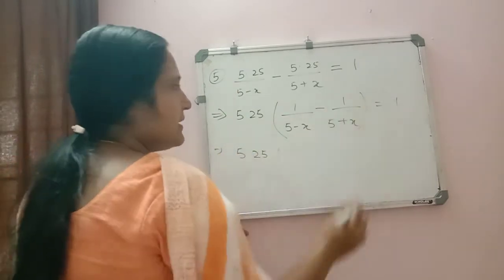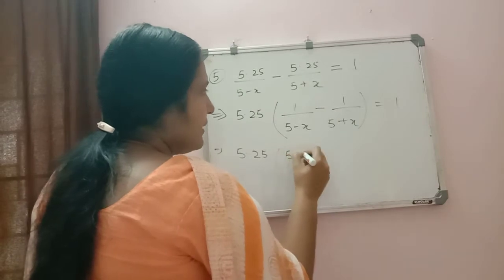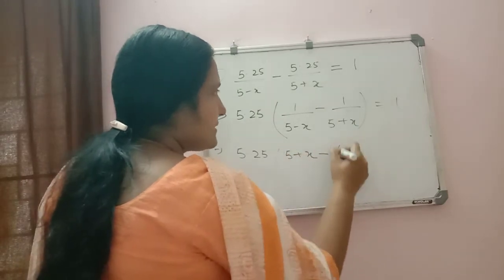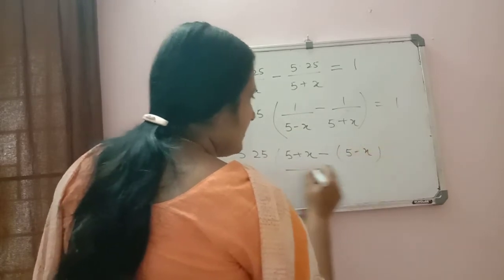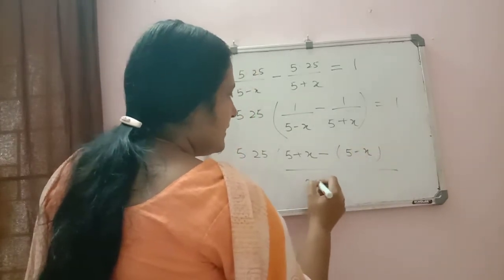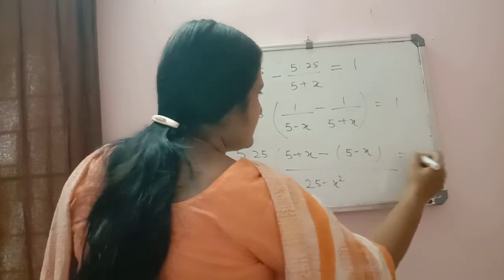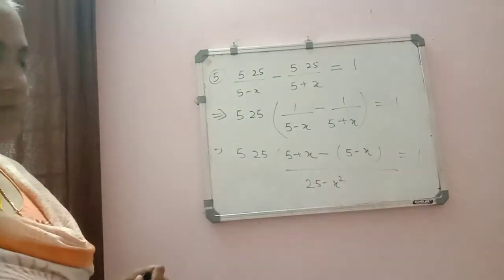5.25 into, by cross multiplication, 5 plus x. A minus sign is there, that's why I put the bracket, minus 5 minus x, by 25 minus x square, is equal to 1.